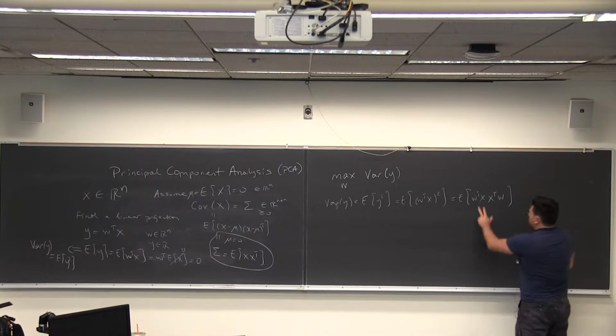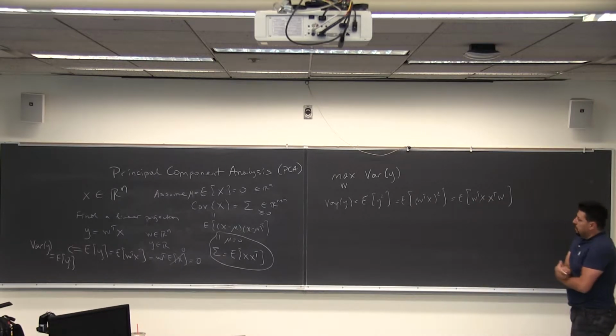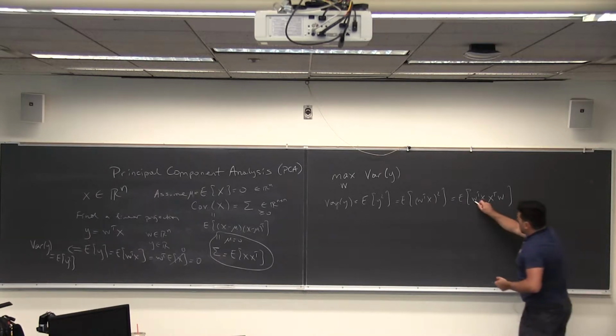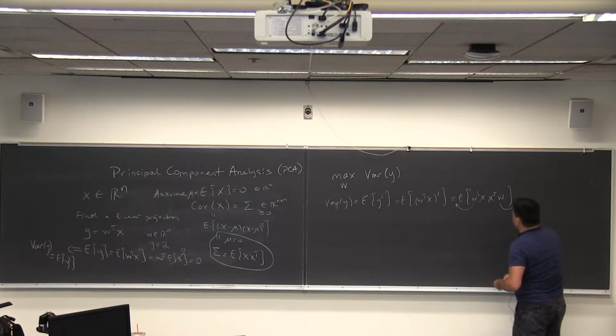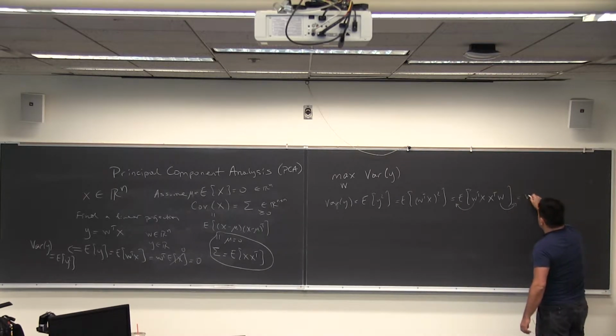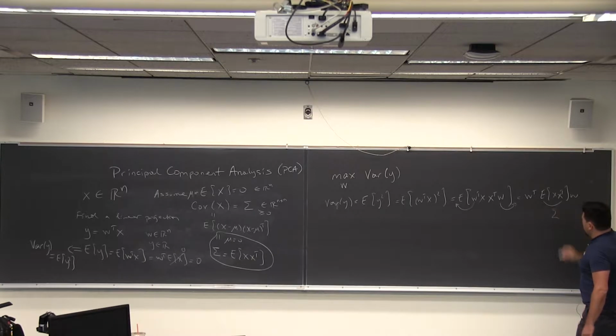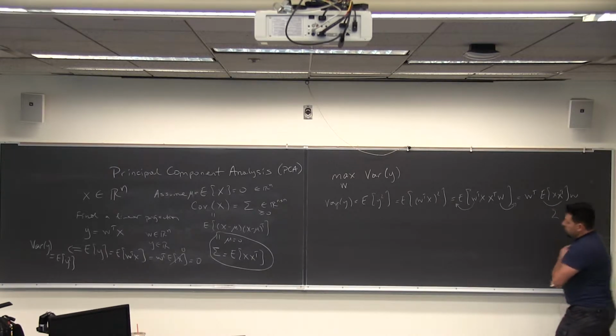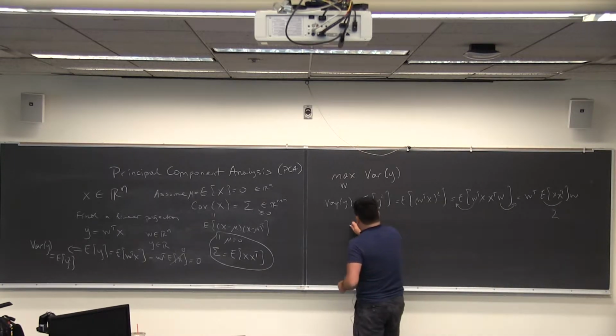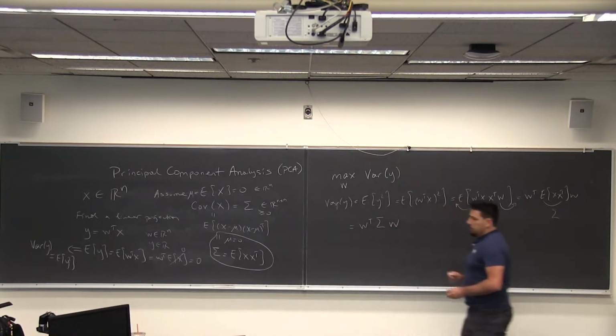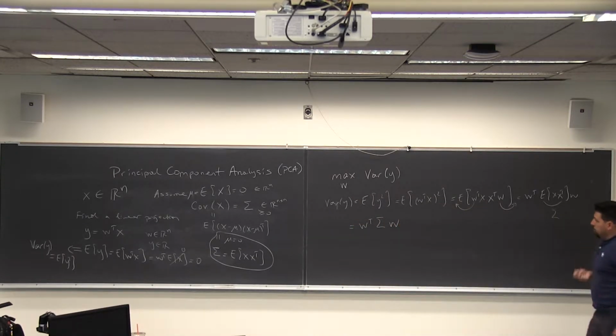Right, so this is y squared. Again, I'll take these w's outside the expectation. So this is w transpose times the expected value of x x transpose times w. And the expected value of x x transpose is sigma, the covariance matrix. So the variance of y is, in this case, w transpose sigma w. Okay, so I'm interested in maximizing this.